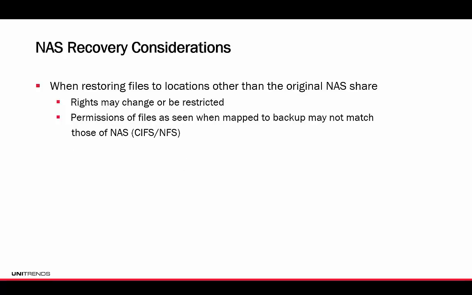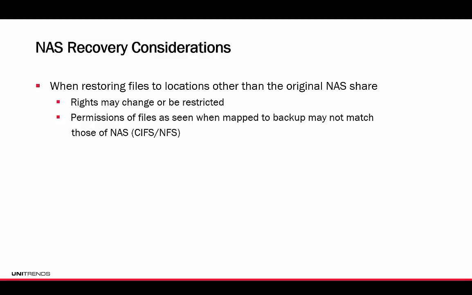NAS recovery considerations. When restoring files to locations other than the original NAS share, the rights may change or be restricted. You may have to go in and take back ownership. You may have to change the permissions based on where you restored it to. And the permissions of files, as seen when they're mapped back, may not match those of the NAS.